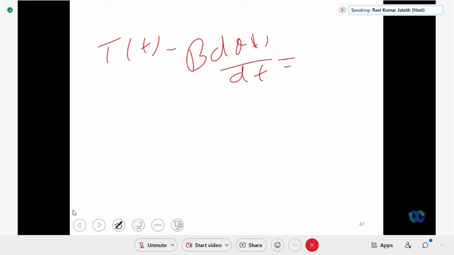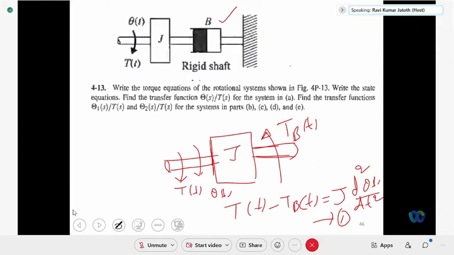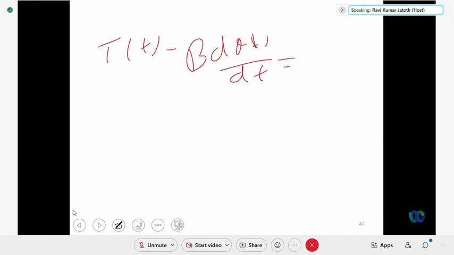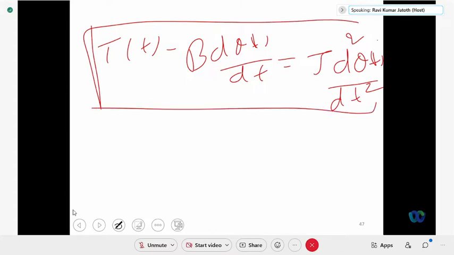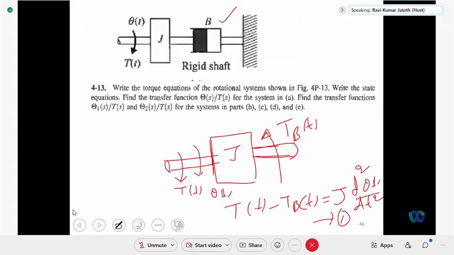So T(t) minus b d theta(t) by dt equals J d squared theta by dt squared. If the shaft had a spring or something that opposes the angular displacement, you could consider that also, but it is not mentioned here, so there is no need for it.